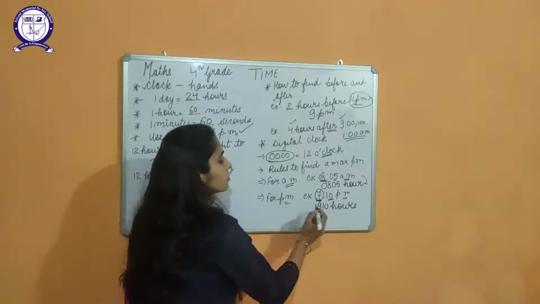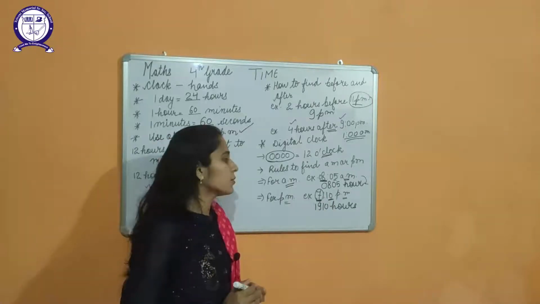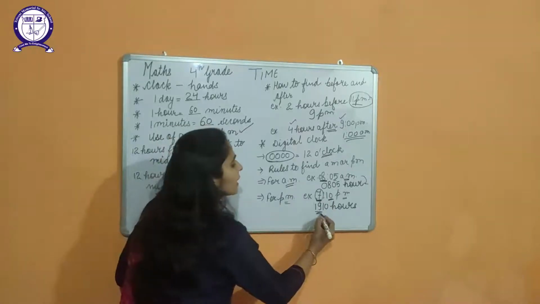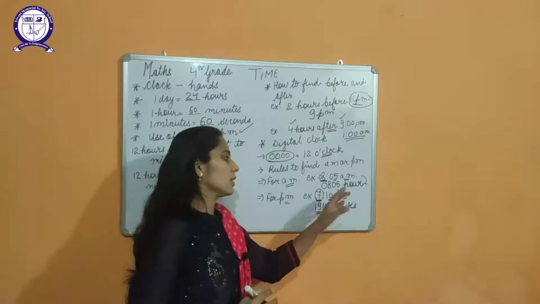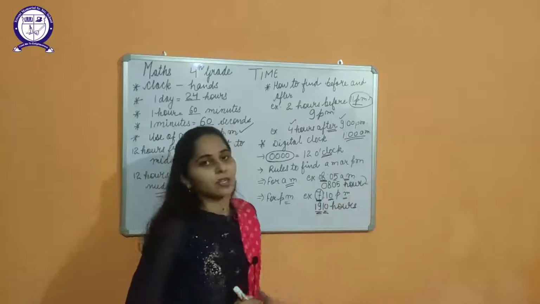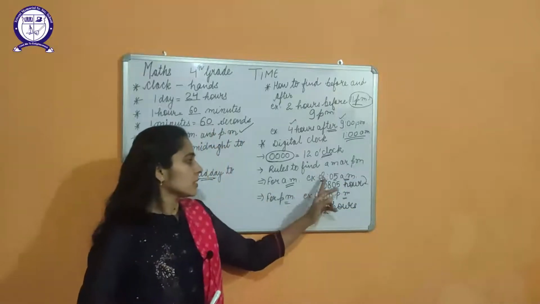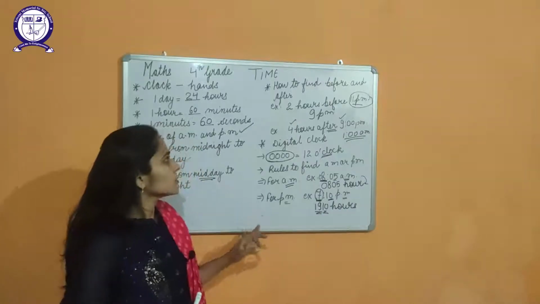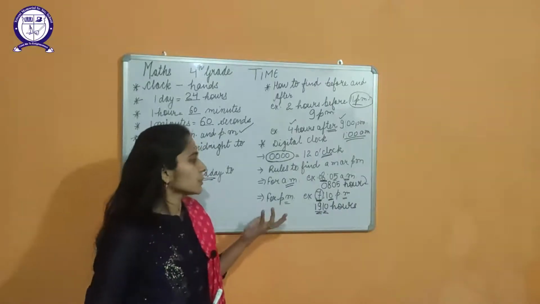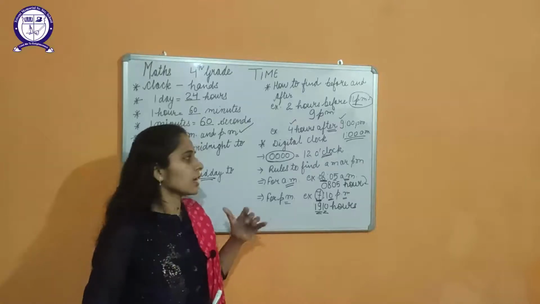Here 7 is given, so you will add 12 to this, and the answer will be 19, and minutes will be as they are, pm will be replaced by hours. So this is in the case of pm only. In am you have to write as it is, because this time will be shown as it is in digital clocks also. Okay students, this was about conversion of 24 hours into 12 hours.